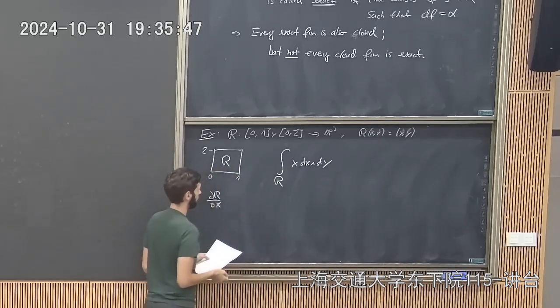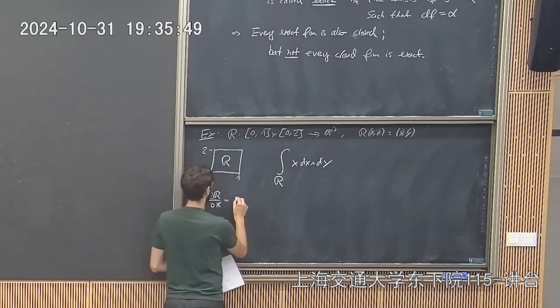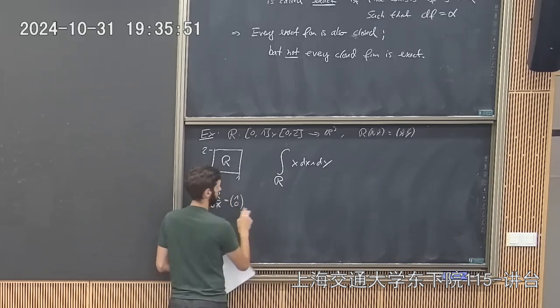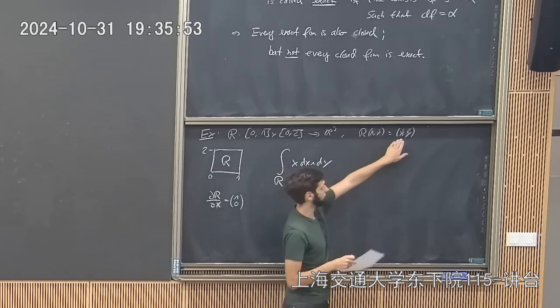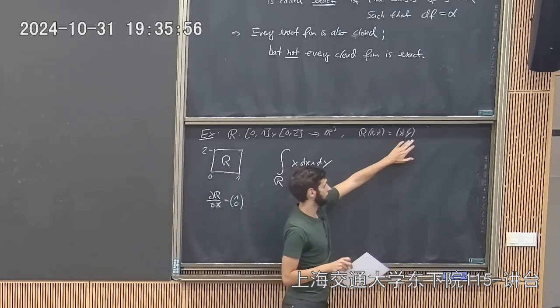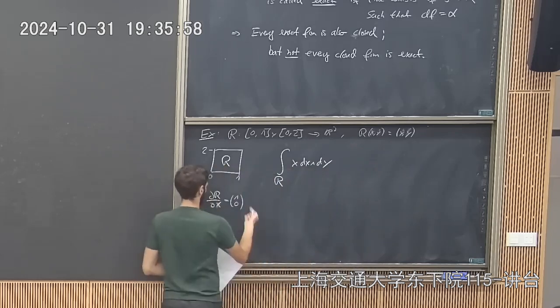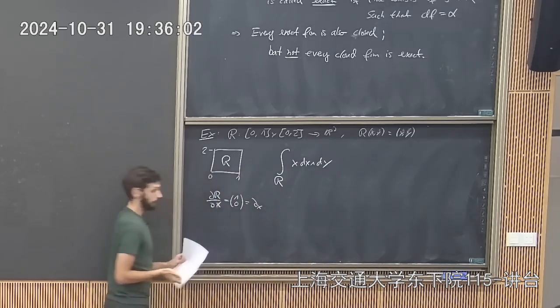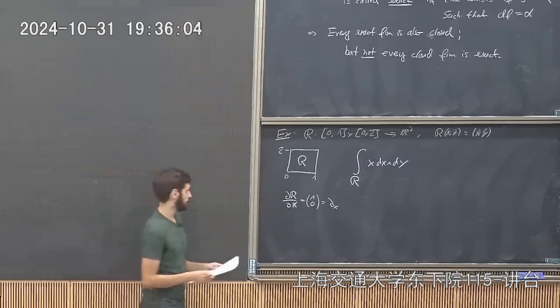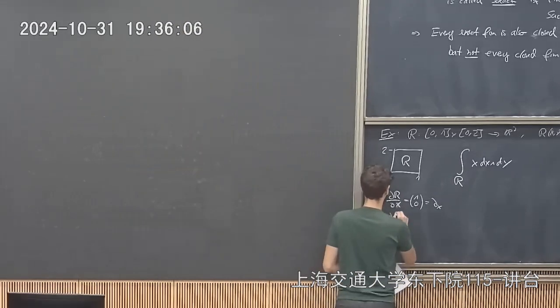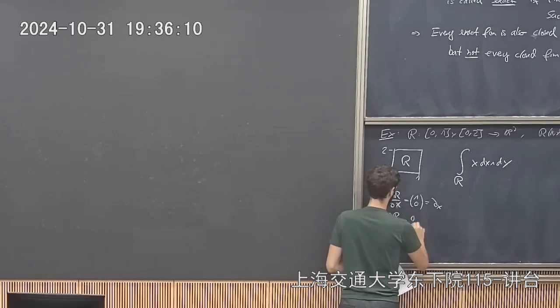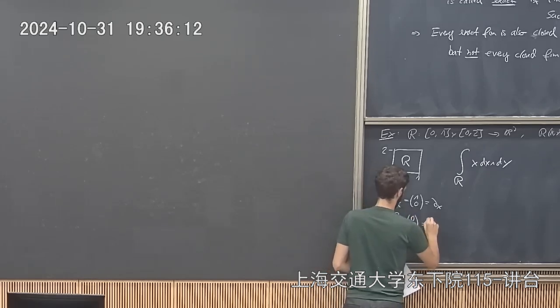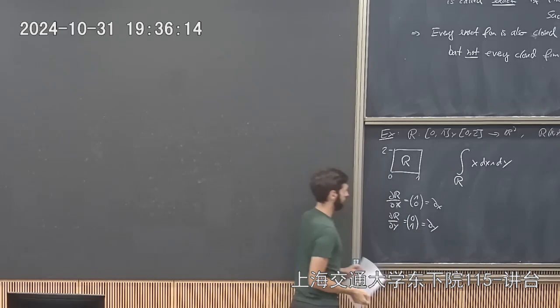So dr in x direction is nothing else than (1, 0). I take the derivative in x direction, just get a 1 here and 0 there. We can write this in a more standard way as the vector field in x direction, so dx. And similarly, dr in y equals (0, 1), which would be the y direction.